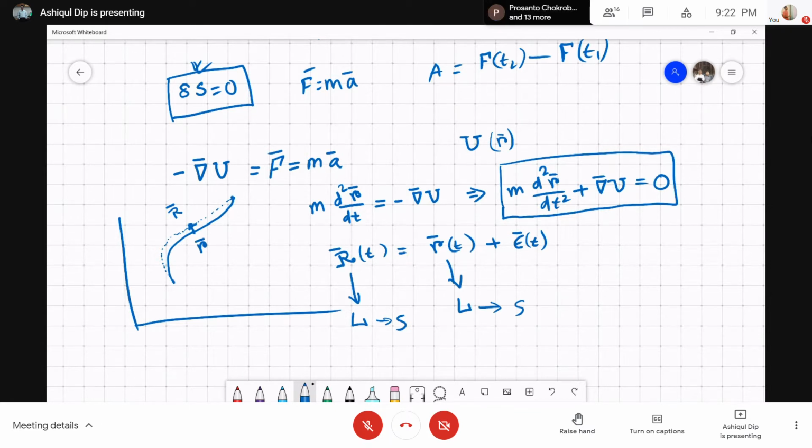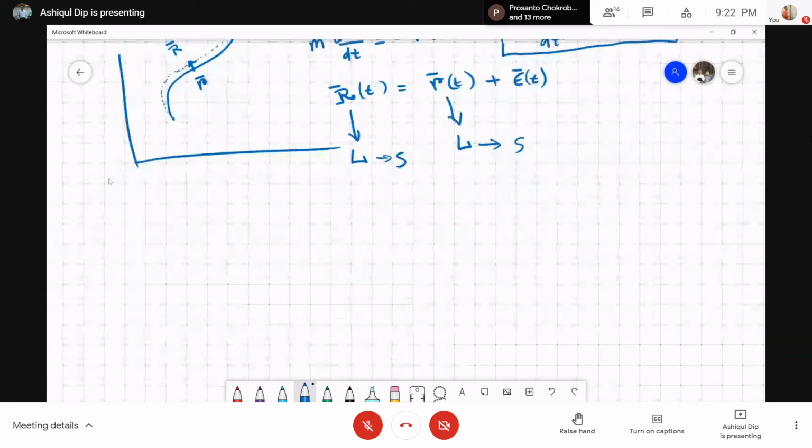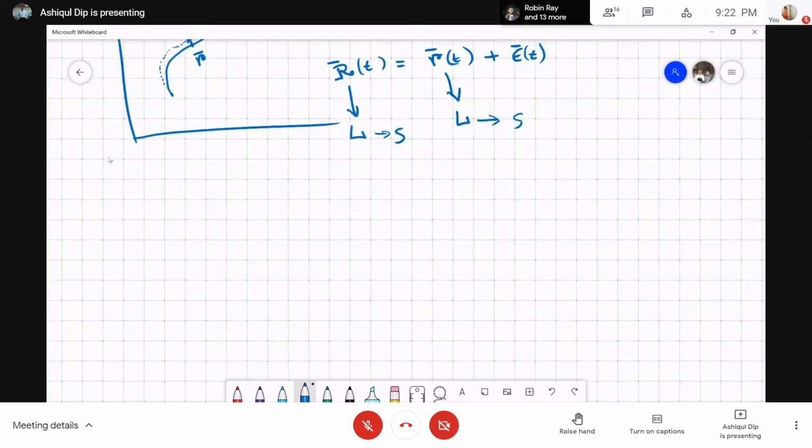Yes. Okay, great. So the Lagrangian for the correct path would be a function of r, the time derivative of r, and most possibly time itself.